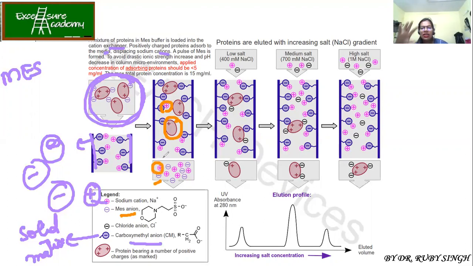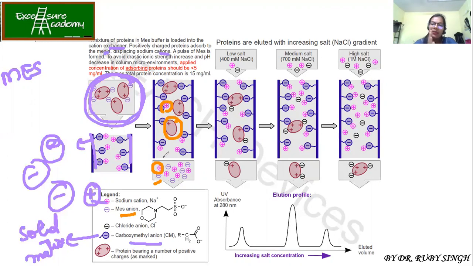Getting the point? In the column, you have got the negatively charged solid matrix, equilibrated with the buffer, and sodium cations are present. Now you have your protein to be loaded, dialyzed in the MES buffer, which has chloride ions. Once you start adding, cations are getting exchanged, and that's why it is called cation exchanger.